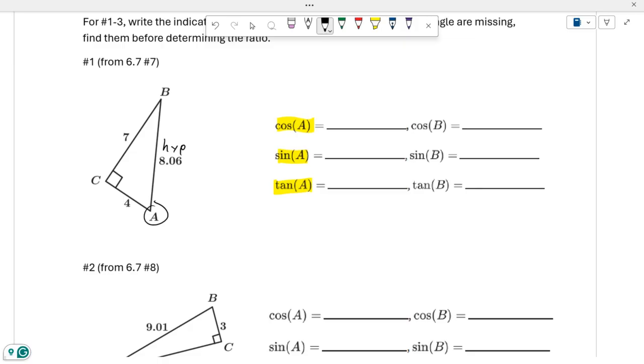It doesn't change. Because we're starting with angle A, the 7 is my opposite, and the adjacent is my 4.